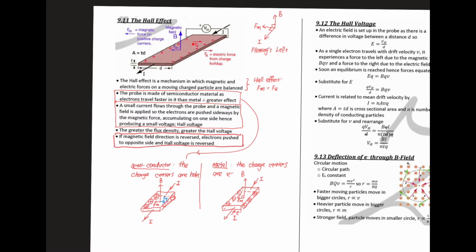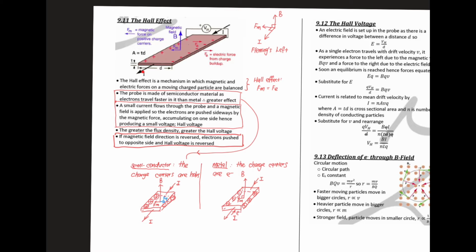So the electric force Fe will push it to the right because here is negatively charged. So for the future positive charge, when Fm equals Fe, the positive charge will not go to the left or right, but they will move in a straight line.